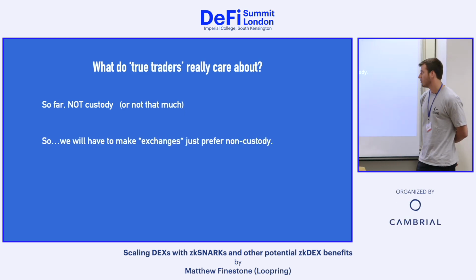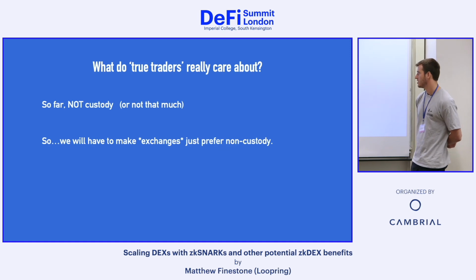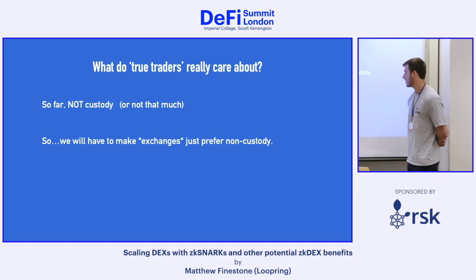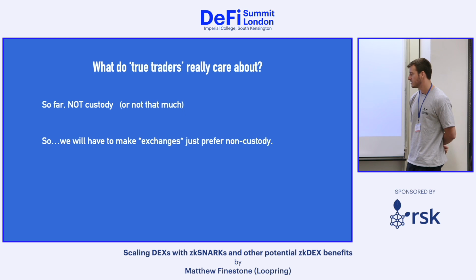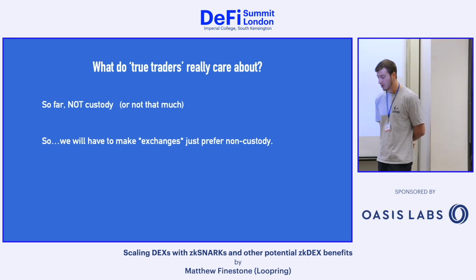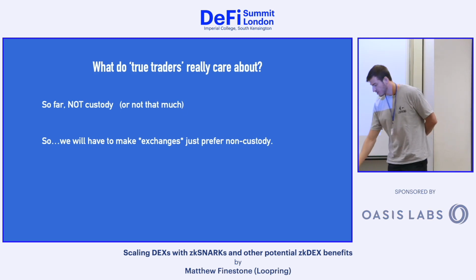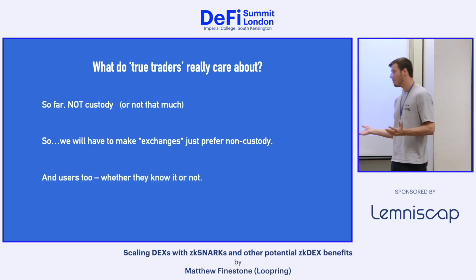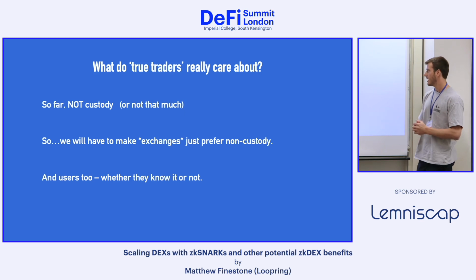But one way to go about this is to just make the exchanges prefer non-custody. So if an exchange is spinning up, they could say, hey, I would prefer to build on such a protocol, and their users may or may not even know that they are doing it.